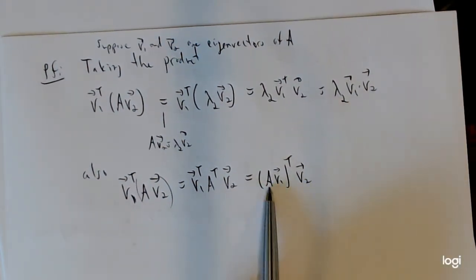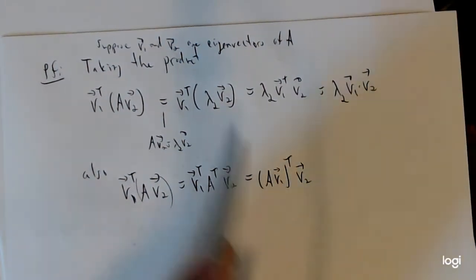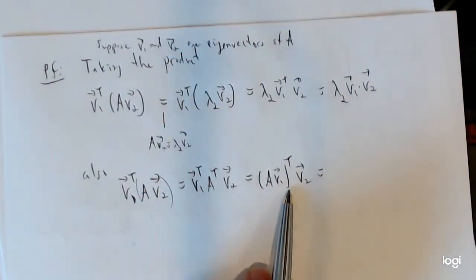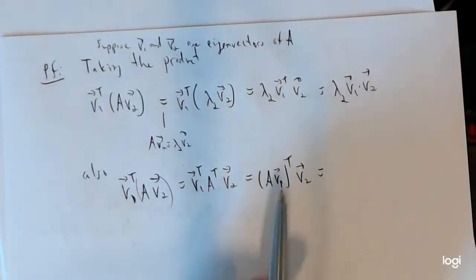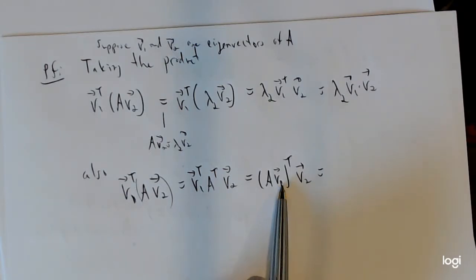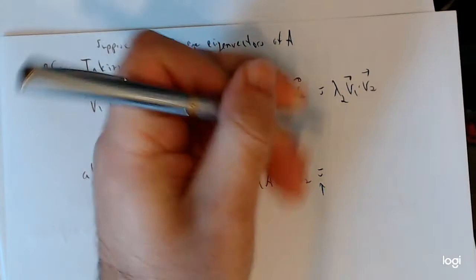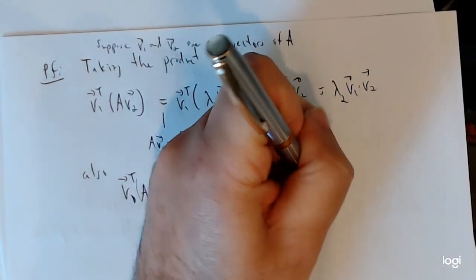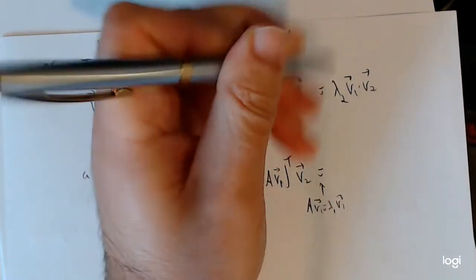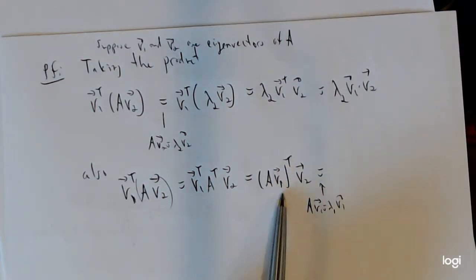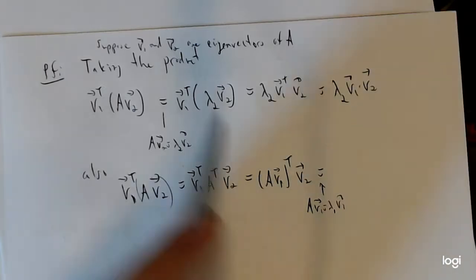Now, with that said, what do I know about A V sub 1 transpose? Once again, since V sub 1 is an eigenvector, we know that A V sub 1 is equal to lambda sub 1 V sub 1. So I'm going to use the definition of our eigenvectors with the associated eigenvalue.